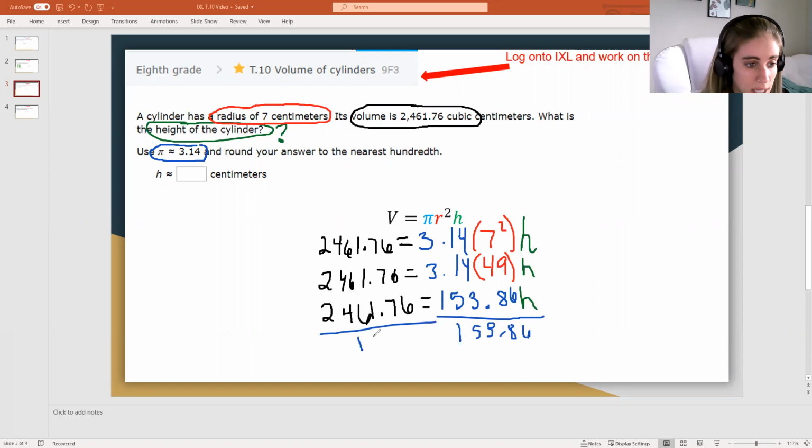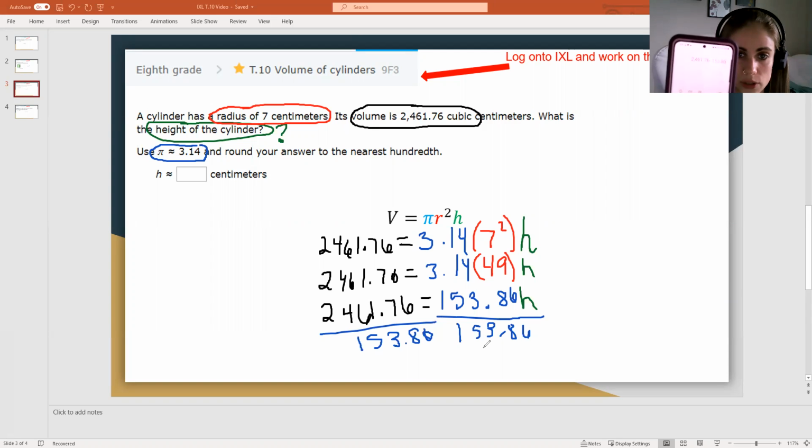And once again, yes, I know these numbers are large, but you have a calculator, so just be careful. Make sure you type it in correctly, but you're A-okay. So when we put this into our calculator, the numerator, so that top number, is typed in first. So 2,461 and 76 hundredths divided by 153 and 86 hundredths.